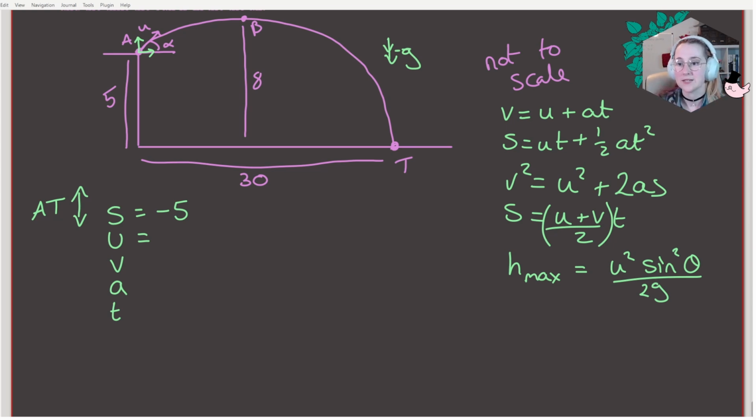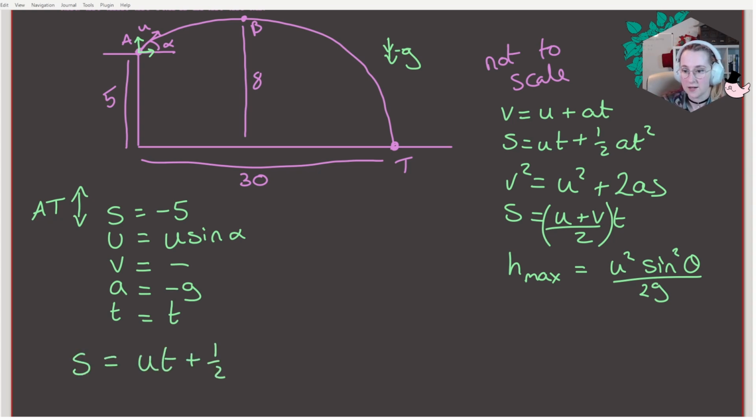Our u is u sine theta, or sine alpha. I changed it for this equation just to mess with me. v we don't have. a is -g, and t is some time. So we don't have a v, so I'm going to use s is ut plus half at squared.